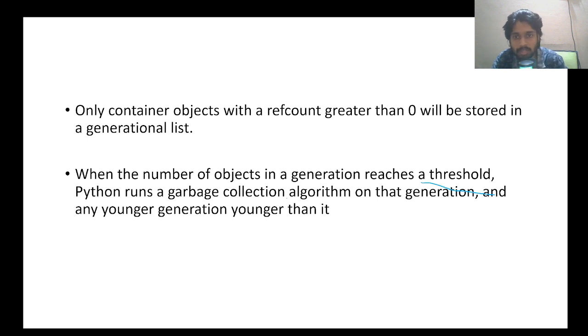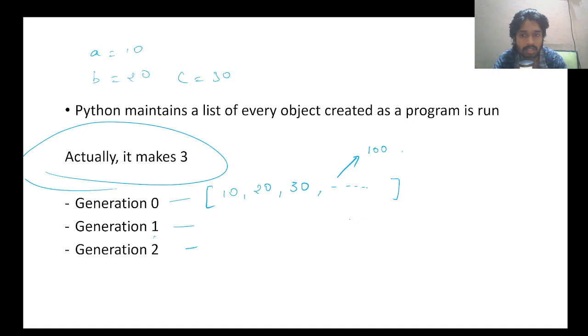Python runs the garbage collection algorithm on that generation, and any generation younger than it. For example, here generation 0 is younger, and generation 2 is older than generation 1 and generation 0.